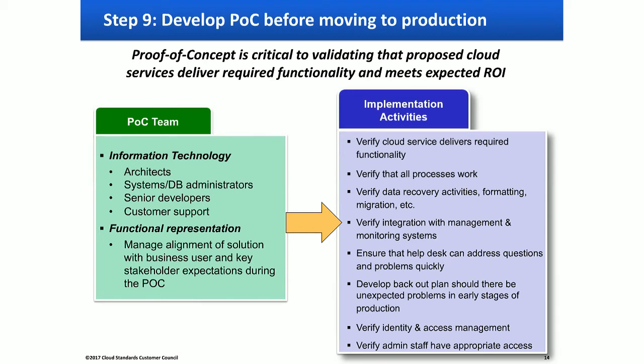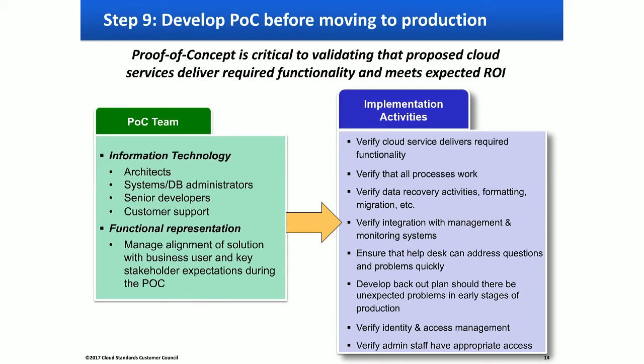And with that implementation activities, of course, you're going to be verifying the technical functions. You're going to be assuring that processes, the typical data recovery and backup and all of these things come into play. But you're also going to have to consider what could be new escalation concerns, because things that the help desk will be talking about won't just be your own application necessarily.